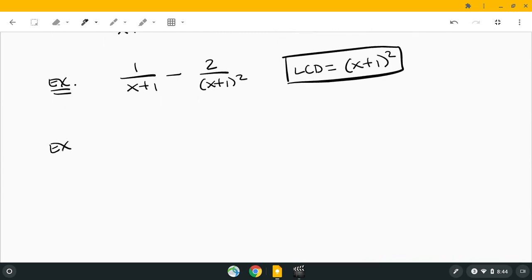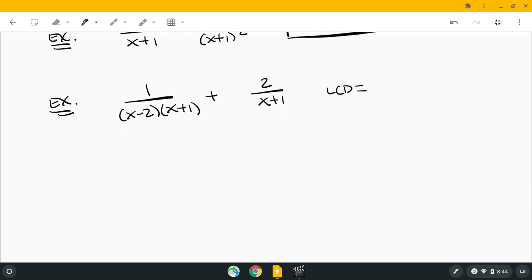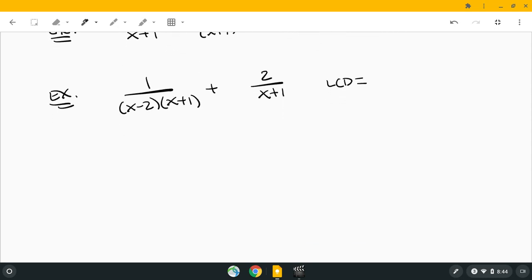Let's take a look at this one. 1 over x minus 2, x plus 1. So I'm having these in factored form already for you, but normally you would have to factor them. But I want you to practice finding the LCD without getting hung up on the factoring part. So we're going to list the families that are there.